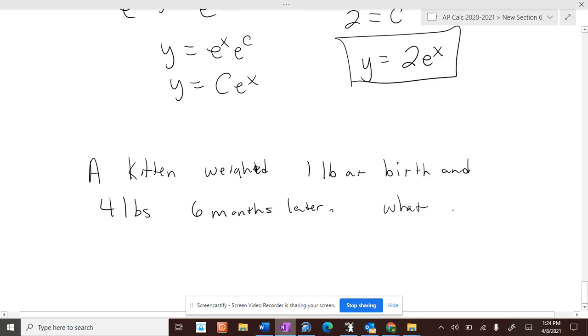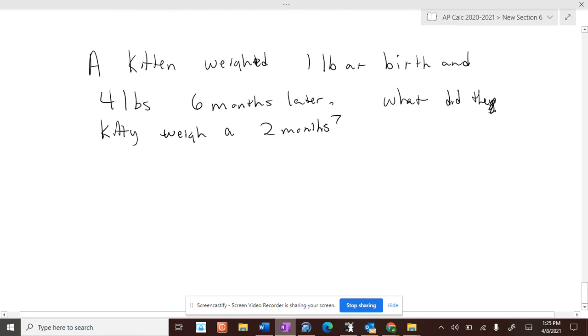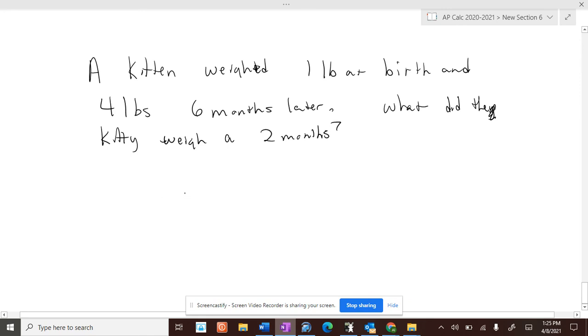What did the kitty weigh at 2 months? If things are proportional. So what do we know?